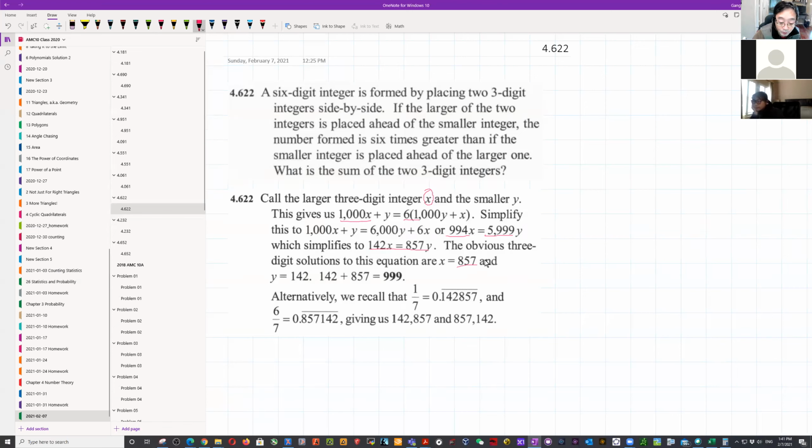But if you remember this trick, basically 6/7 is 6 times 1/7. By multiplying the infinite rotating decimals by 6, it will achieve this.